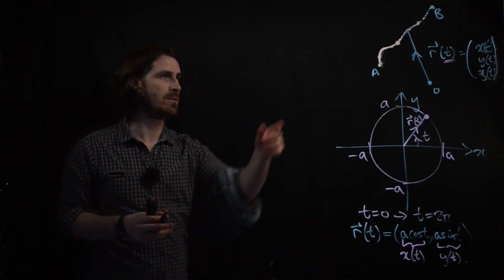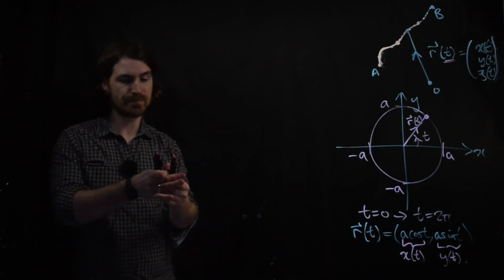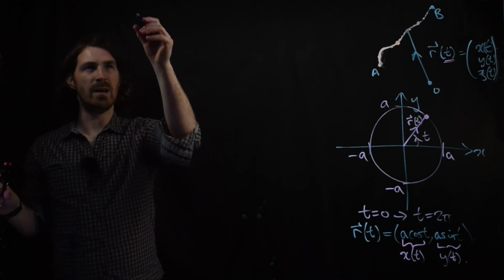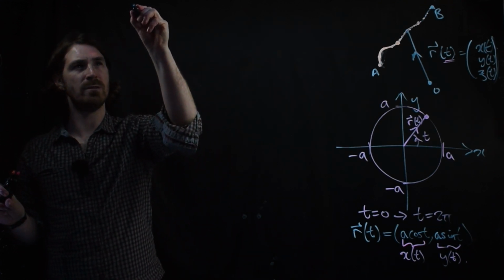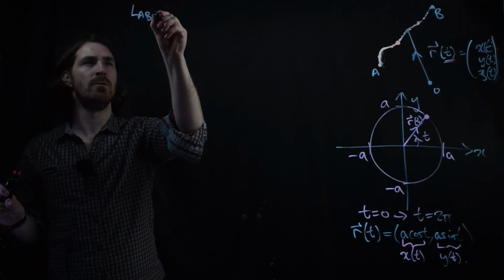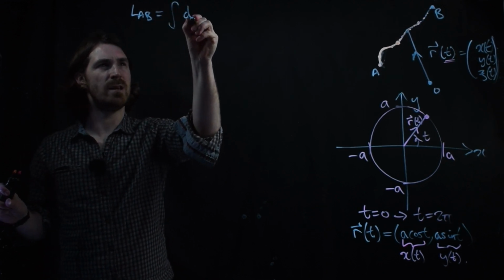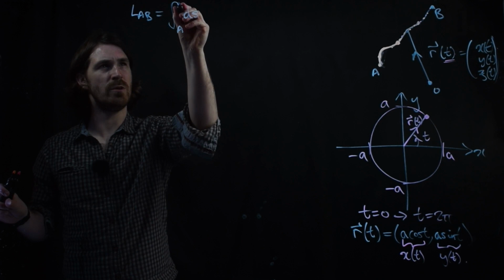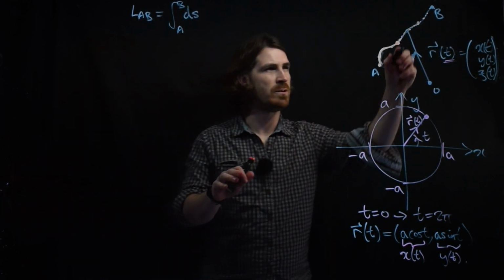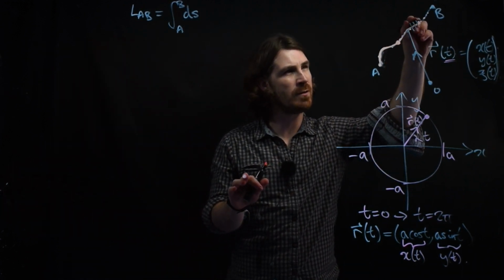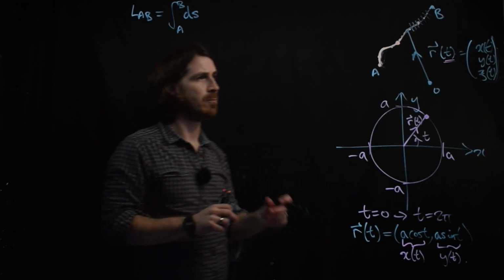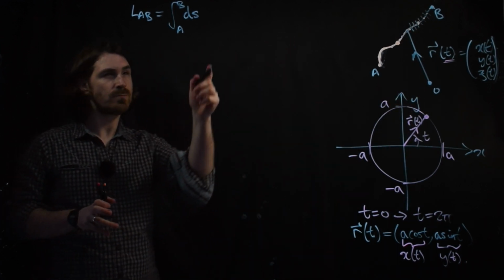Okay, so we want to make this a bit more rigorous. We said that the length between two points A and B was equal to the integral of ds between those points. And ds, remember, is what we get when we split up our curve into little infinitesimal segments.